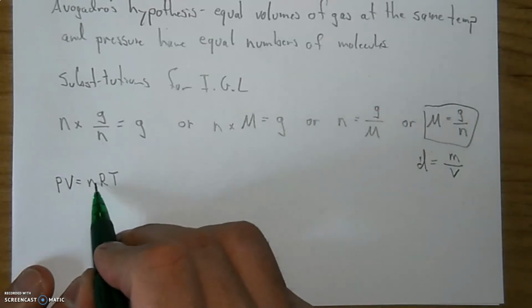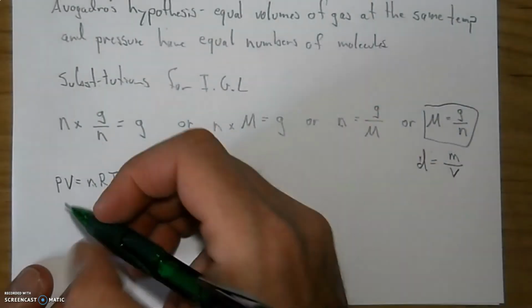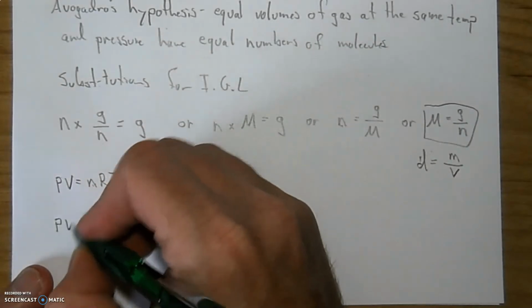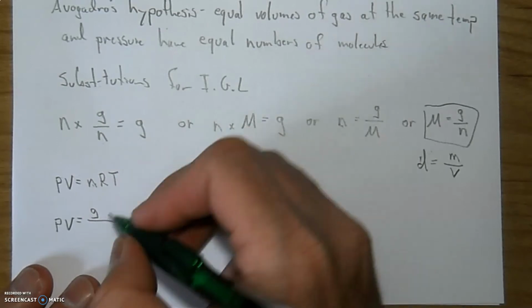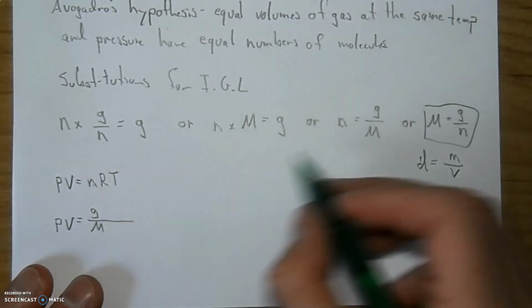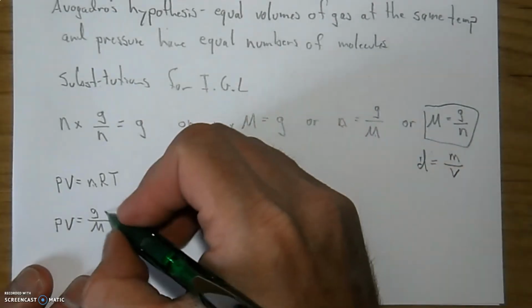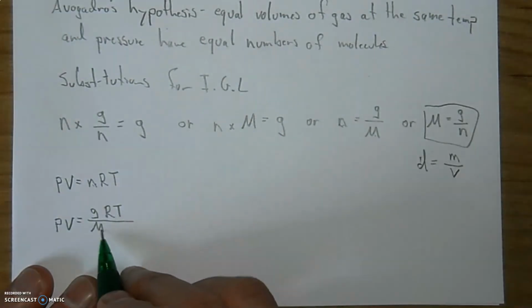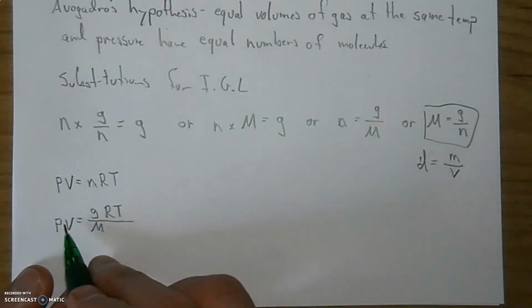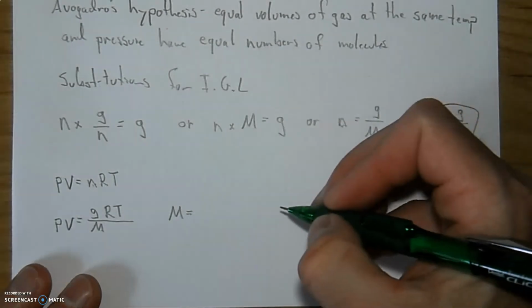So we're going to focus on the n first, for moles. So we'll say PV is equal to grams over molar mass, and I'm getting that from here for n. Everything else I'll leave as is, but then I'm going to move things around and solve for molar mass.